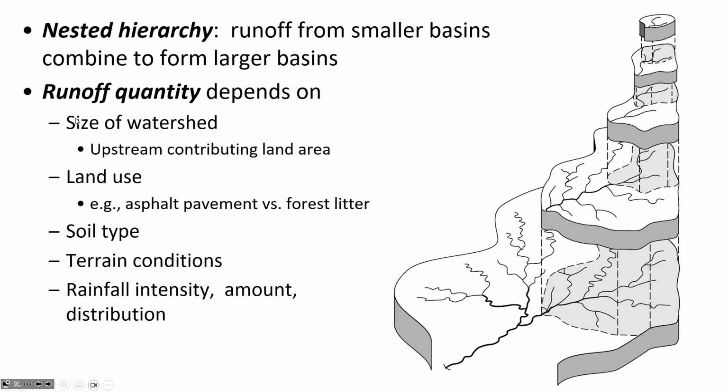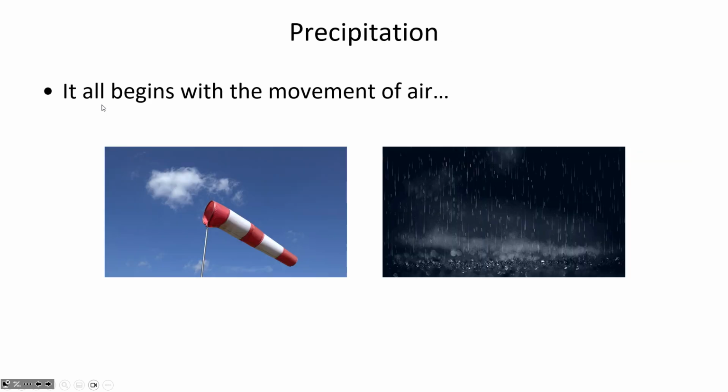There's going to be too much water that we need to dispose of somehow, and we need to know how much of that water there's going to be in order to size the infrastructure that can carry it away. So when we talk about precipitation, just keep in mind that what we're ultimately working towards is ways of estimating how much runoff is likely to come from an area of interest.